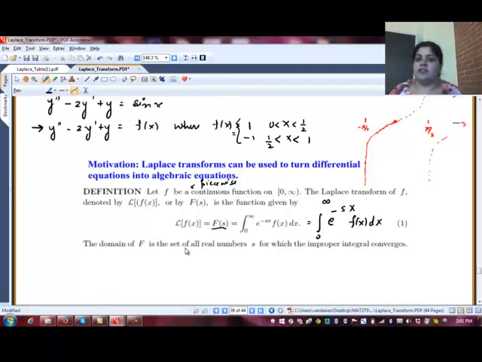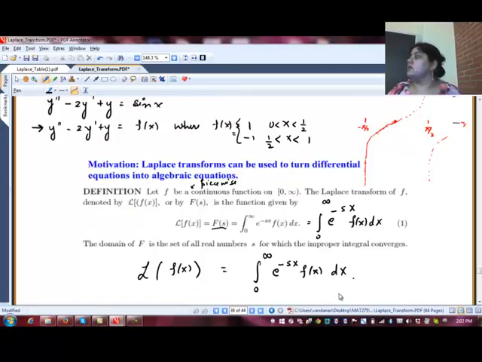So the domain of F is the set of all real numbers s for which this improper integral converges. So given any function, the Laplace transform of that function is nothing but the integral from 0 to infinity of e to the power minus sx f(x) dx. Okay, so this is the Laplace transform.